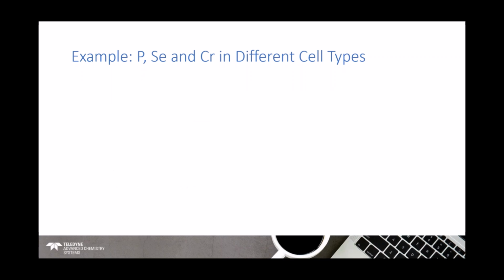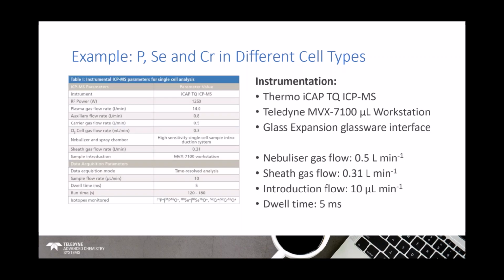So the instrumentation that they used for this, they used a combination of the Thermo iCAP triple quad ICP-MS with our MVX 7100 microliter workstation and this glassware from Glass Expansion. They did some development on this. They found the most appropriate gas flows for the cells they were working with. So that's the nebulizer gas flow and the sheath gas flow.